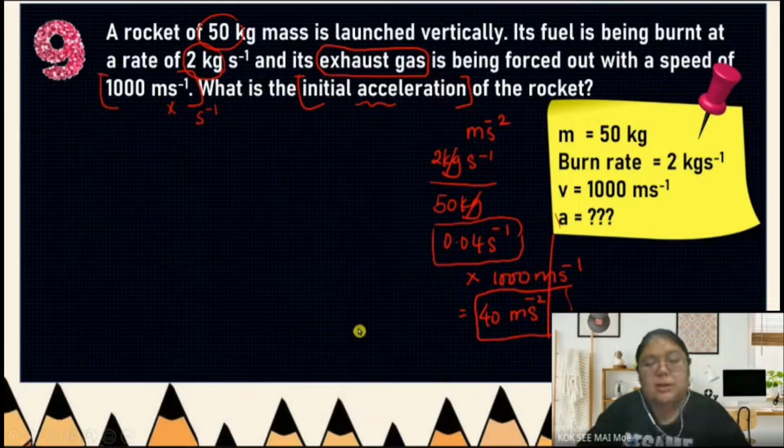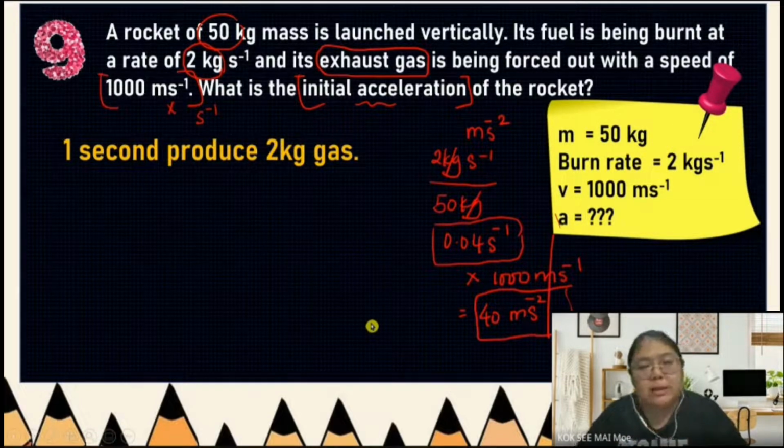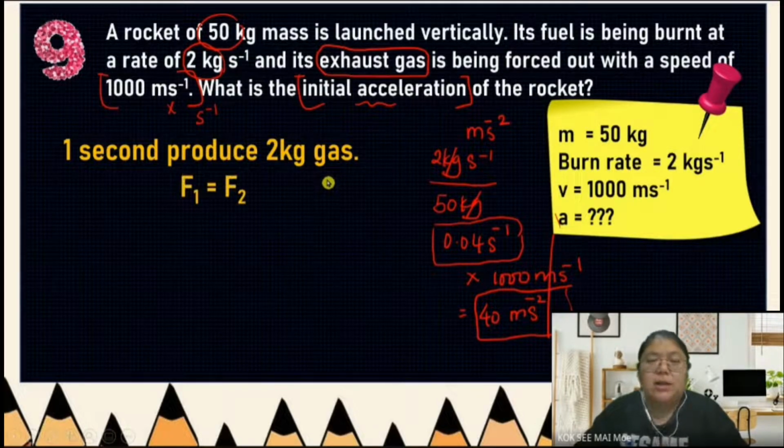Another method is to understand kilogram per second. Actually, what does it mean? In 1 second, 2 kg of gases are produced. Then we think about the forces.